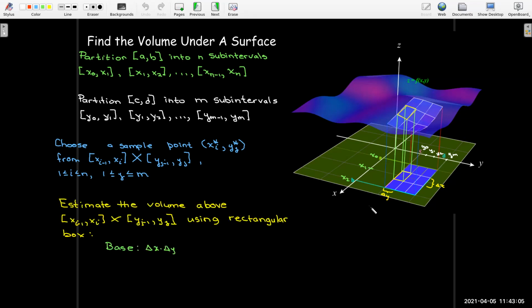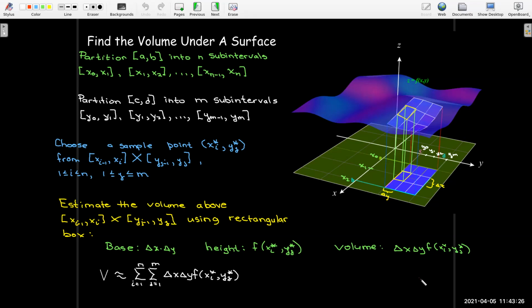So our box is going to have a base of delta x by delta y, that's the area of the rectangle, and the height is the function value at that sample point. And so if I just multiply those together, I'll get the volume of that box.